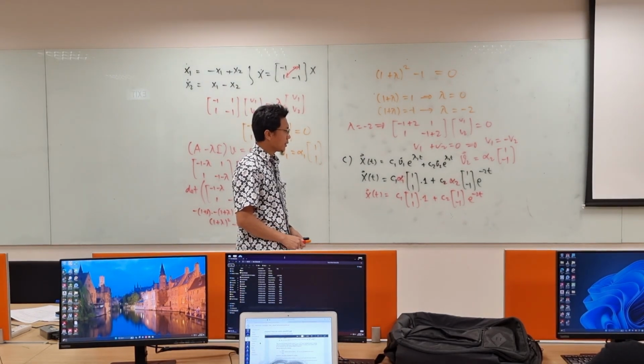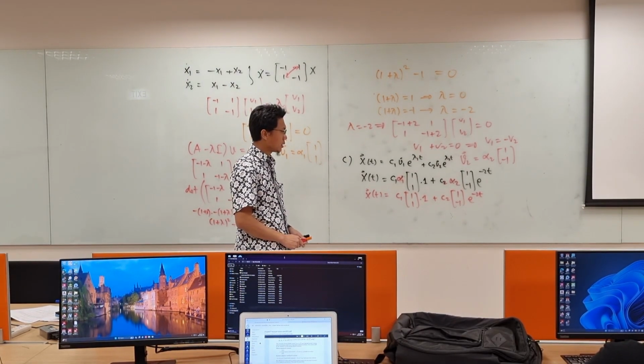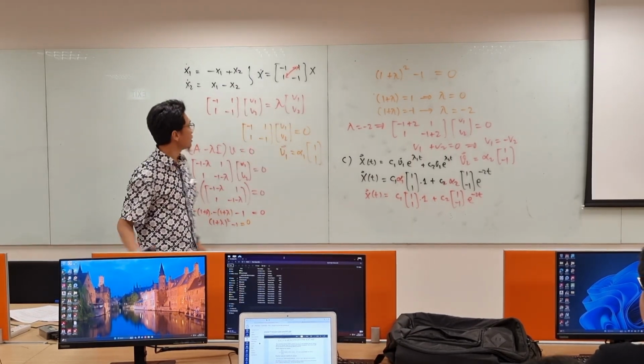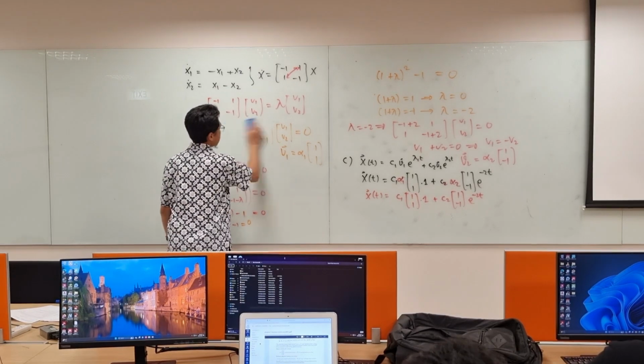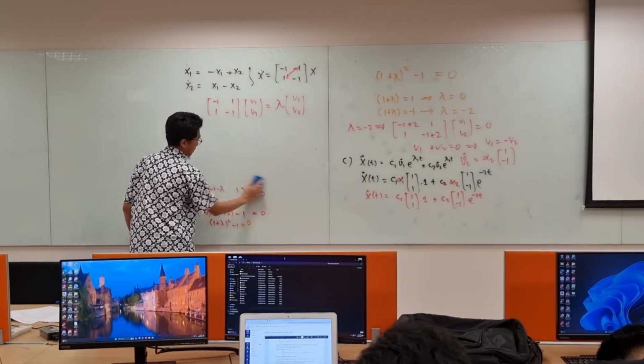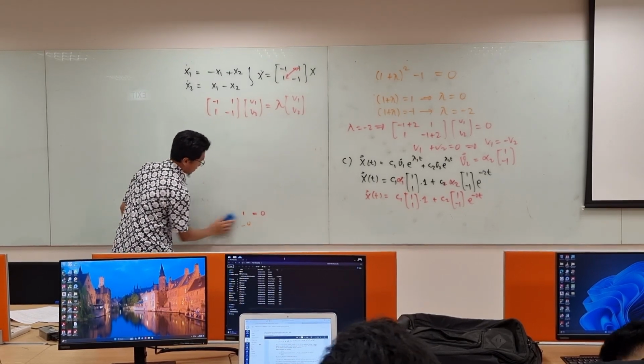So how do we find the answer, C1 and C2? When we put the initial condition, after this we will be done.